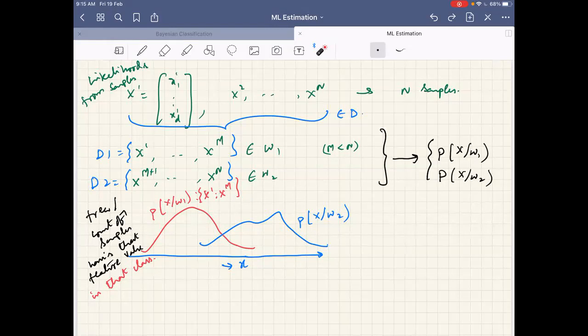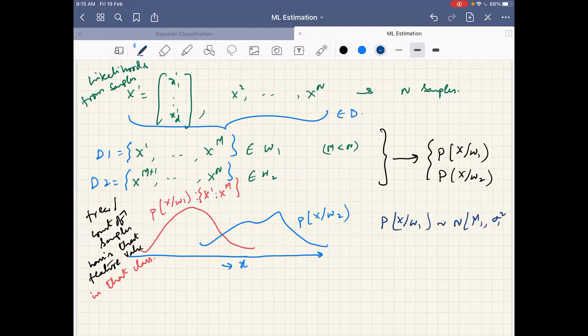So now assume that I want to fit a mathematical model, given these reasons. To simplify our discussion, we want to fit a Gaussian model. Assume that I want to fit P of x given omega 1. I just want to fit some mean and variance.